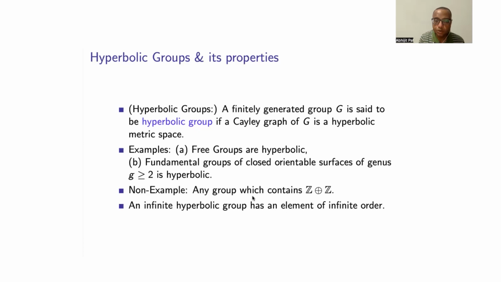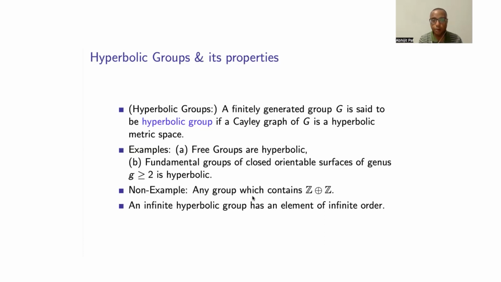So using the Milnor-Svarc lemma, this fundamental group is quasi-isometric to the Poincare disk. Therefore, the fundamental groups of closed orientable surfaces of genus at least 2 are hyperbolic. And what are non-examples? Any group which contains Z direct sum Z, that is Z cross Z, will not be hyperbolic.